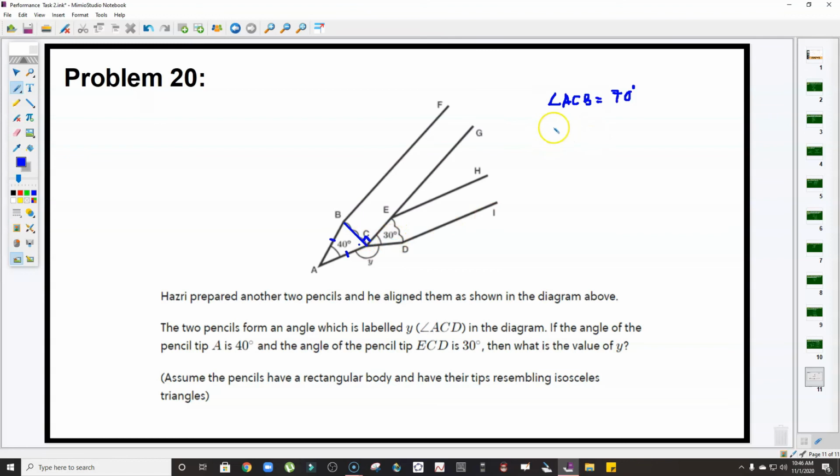Then that's it. So, yung angle Y, or yung angle ACD, is just equal to 360, because that's one complete revolution.